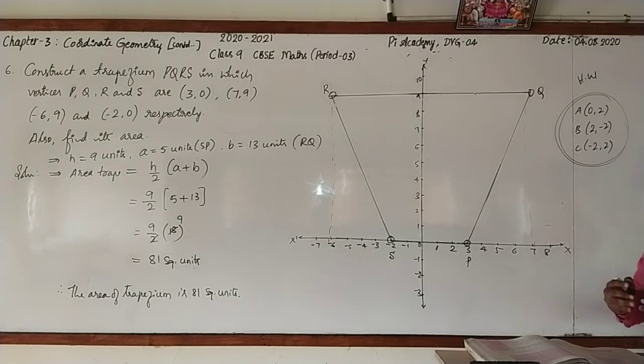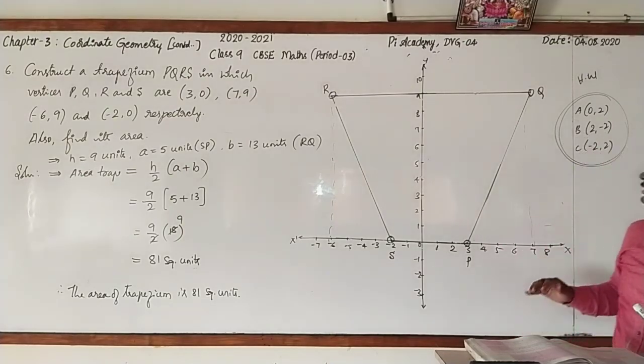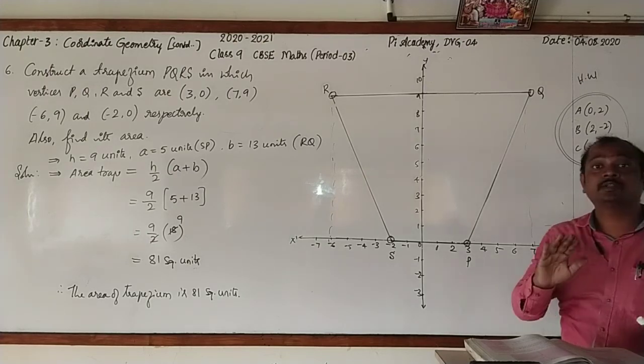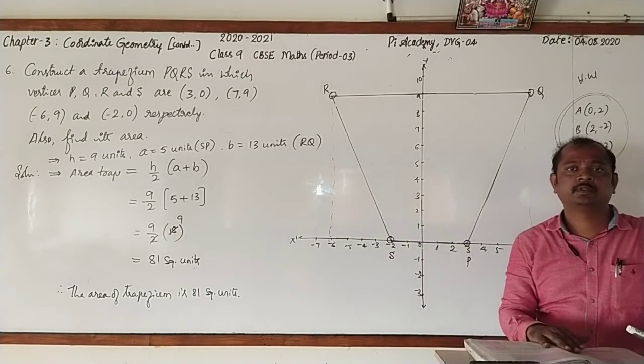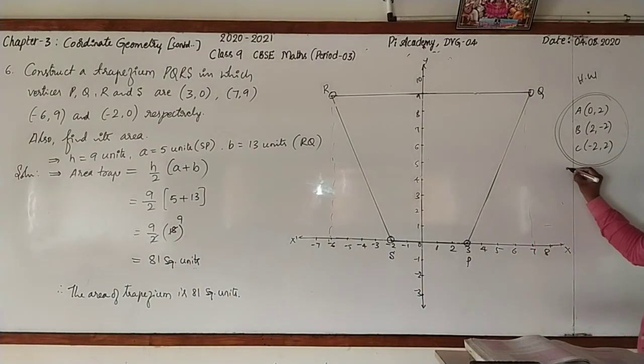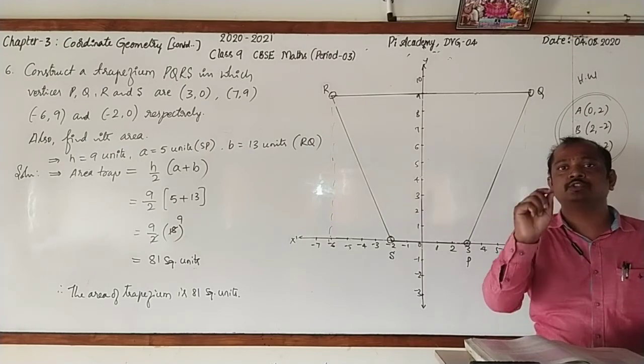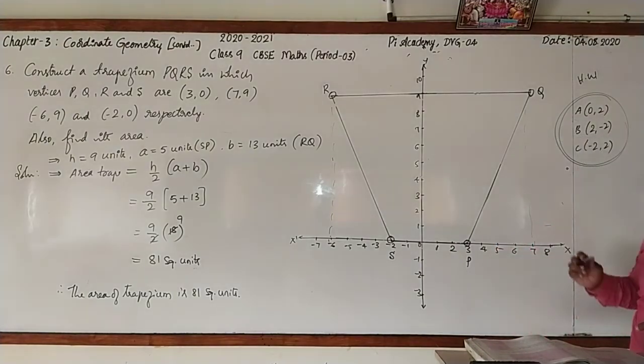Here the question you only can frame it. That is, locate the points A 0, 2, B 2, -2 and C -2, 2 on the Cartesian plane. Next sub question. Name the geometrical figure obtained by joining these points.